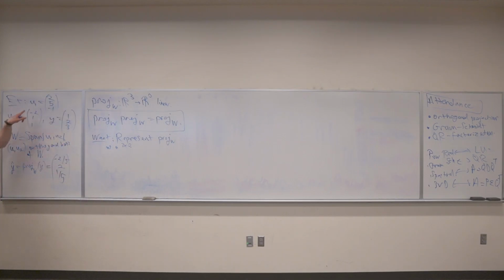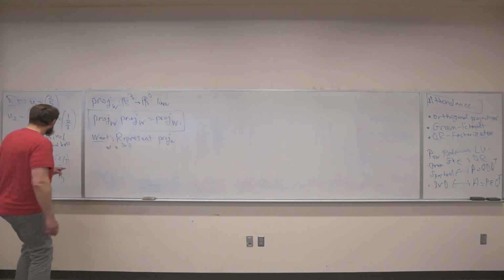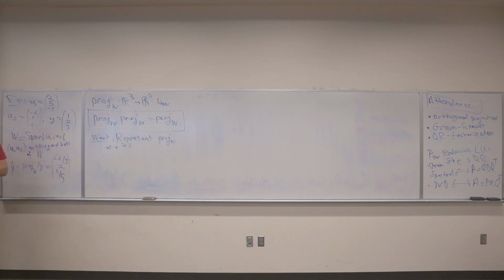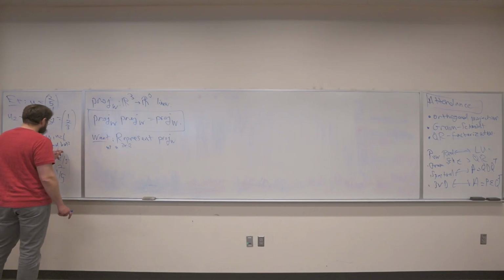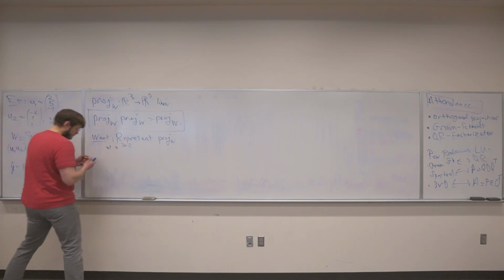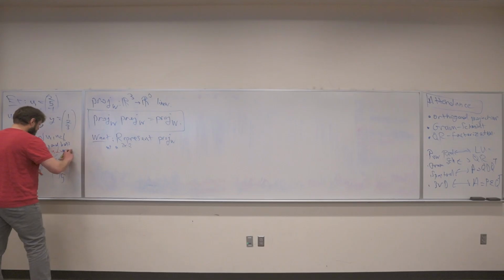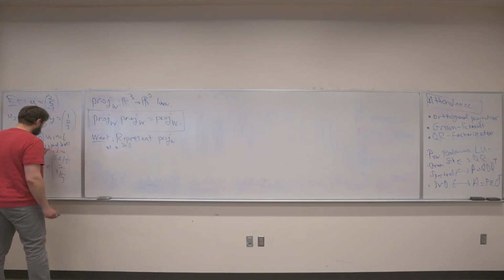Well, we use the fact that u1 and u2 are perpendicular to each other. Remind you. So when you say orthogonal, remember, this means not only are these two linearly independent and they span everything, but furthermore, the angle between them is 90 degrees. In other words, their inner product is 0. They're perpendicular.